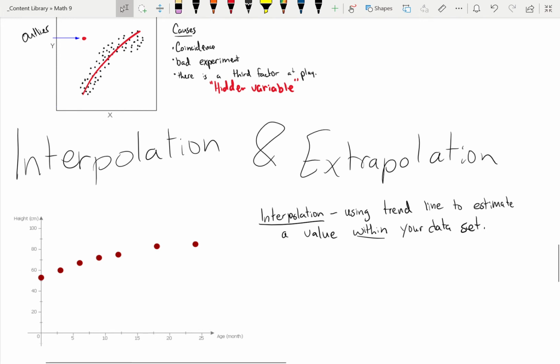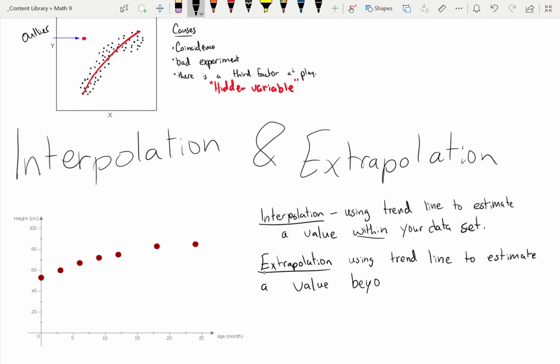I'll show what both of these are. Extrapolation is using your trend line to estimate a value beyond or outside your data set.